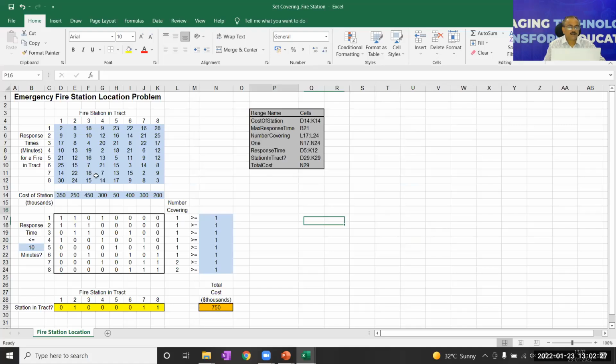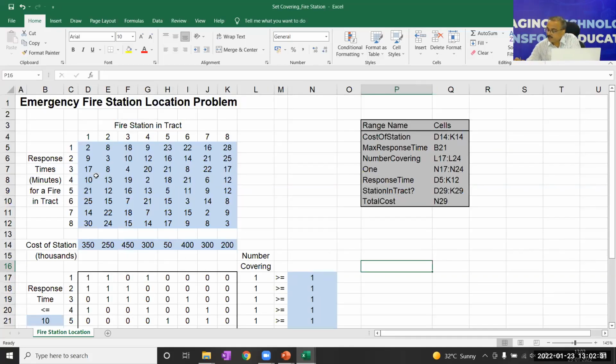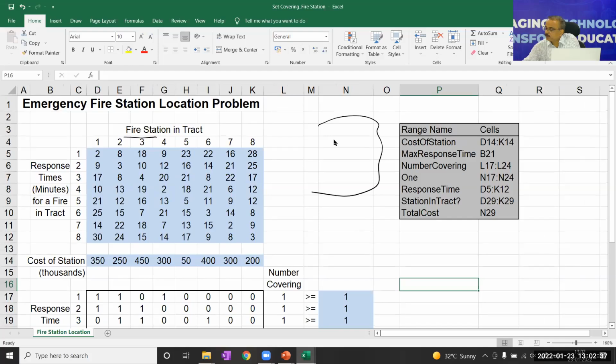We can see that these are the points at which, so let's say the city is divided into a number of tracts or areas or regions, and this represents the distance. So whatever is mentioned here represents the distance if the fire station is located at region 1.